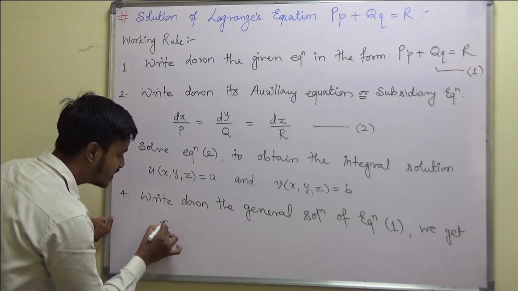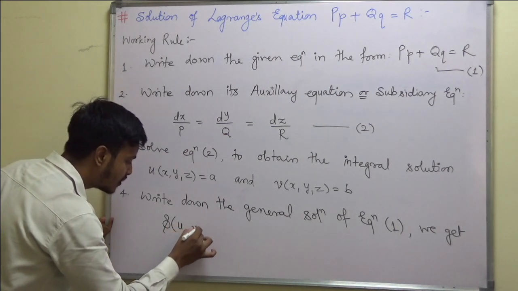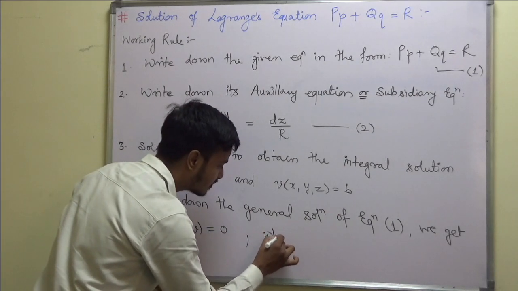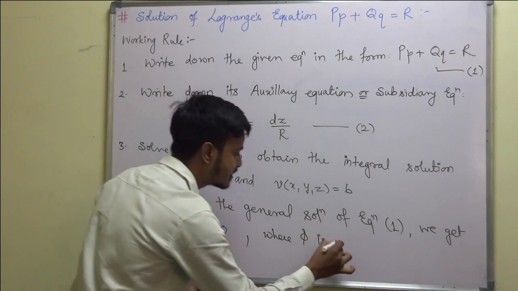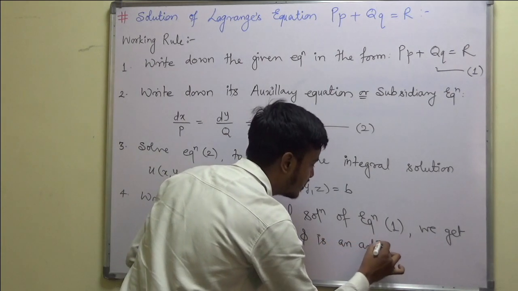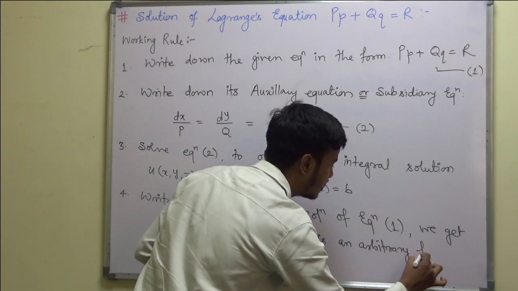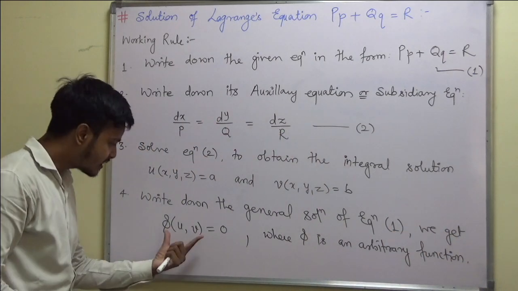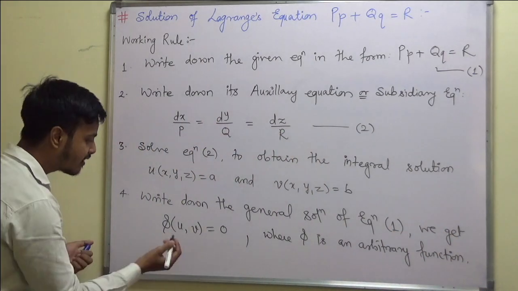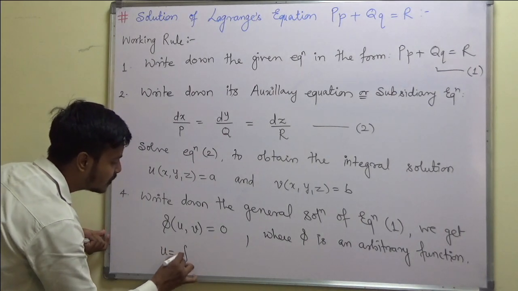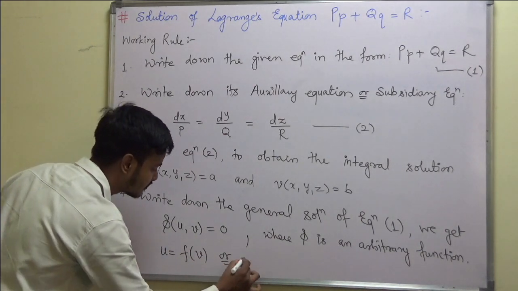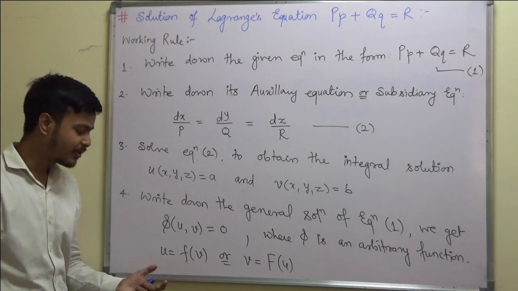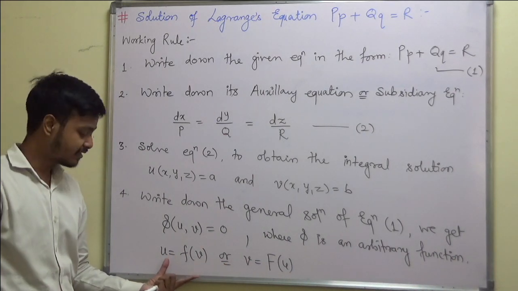That general solution is phi of u, v equal to 0, where phi is an arbitrary function. Sometimes this result can also be written as u is equal to f of v, or v is equal to f of u. Depending on the problem, sometimes we write this solution like this.